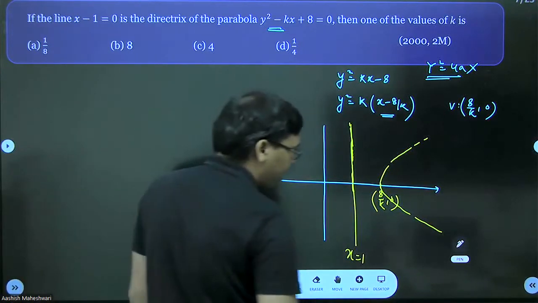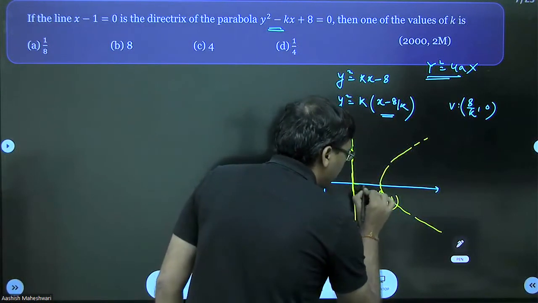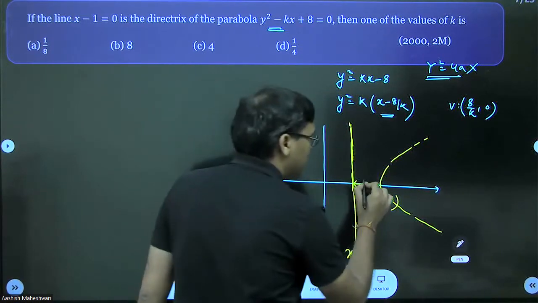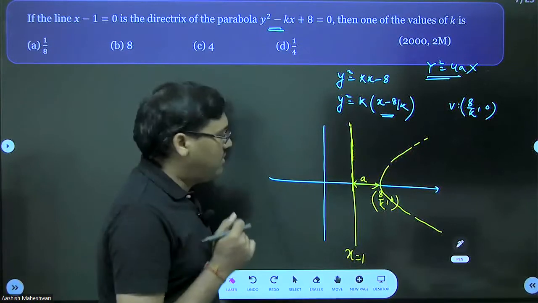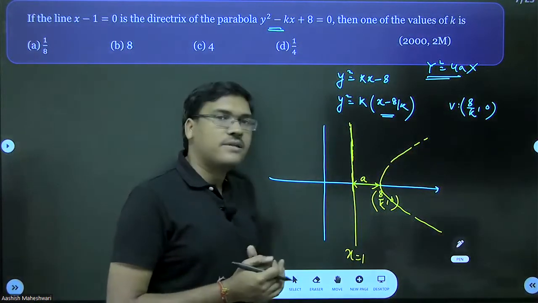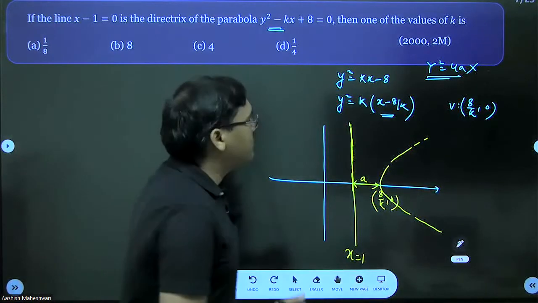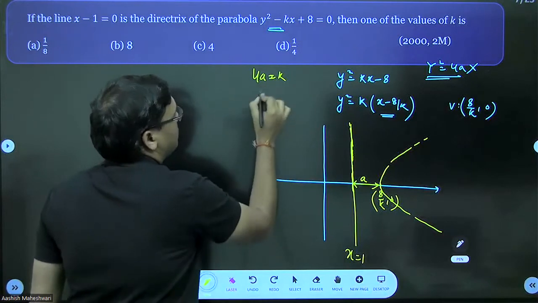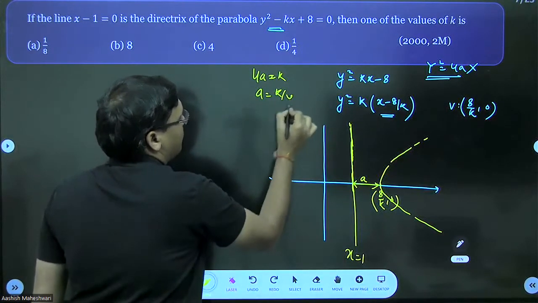Now we know that the distance between the directrix and vertex is equal to a. Yes, what is the distance between vertex and directrix? It is a. So this is the distance a. What is a here? 4a is equal to k. So a is equal to k by 4.